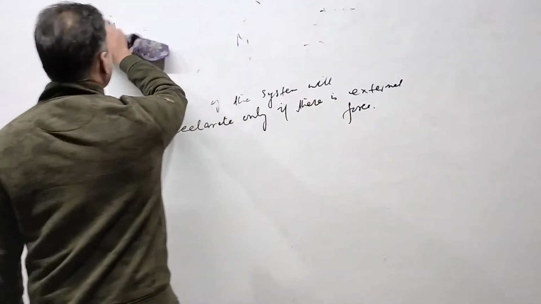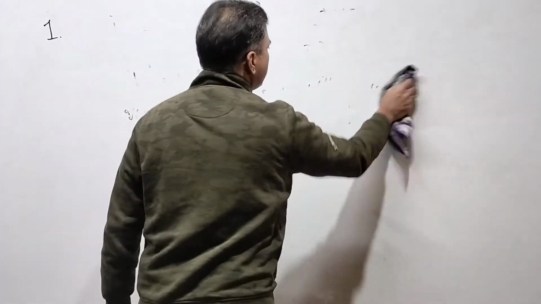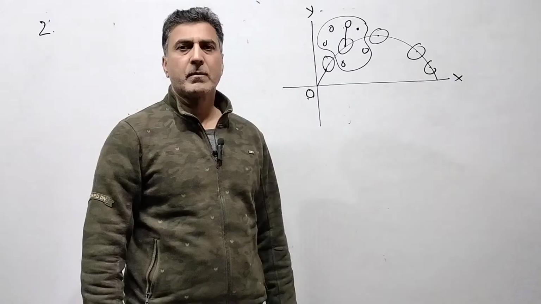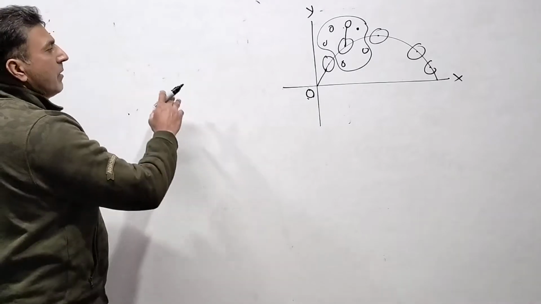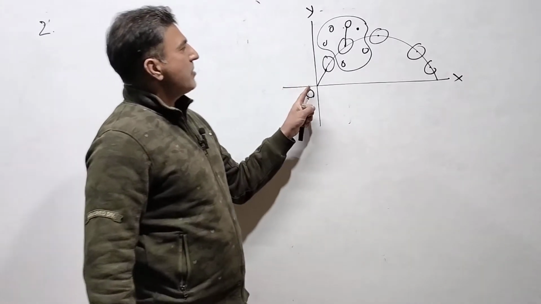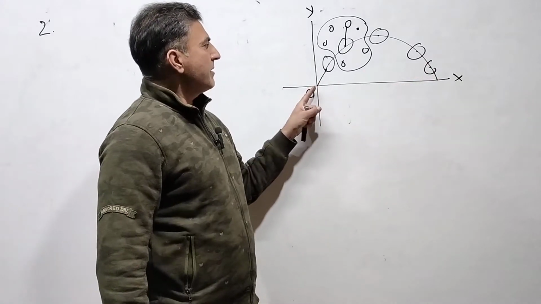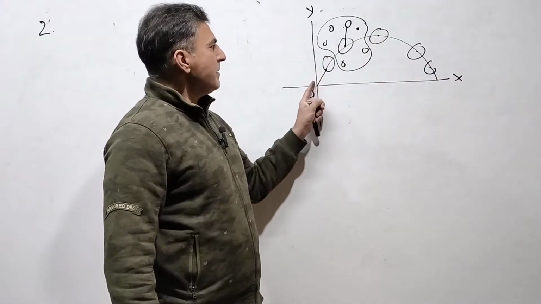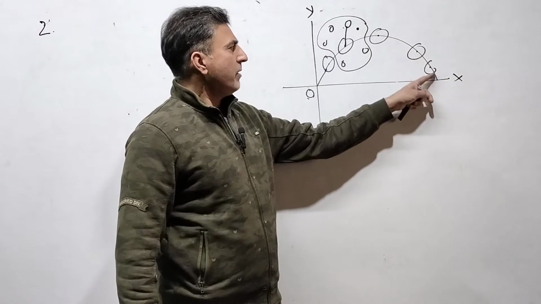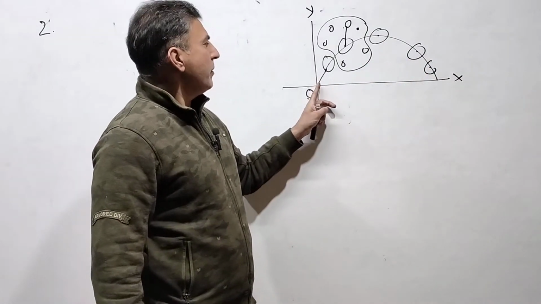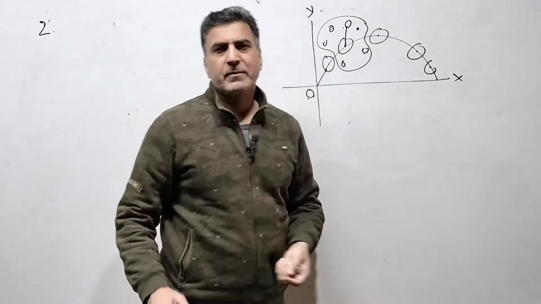Number two, let me design a problem. An object is launched in gravitation. It's a projectile motion, and we know that it follows a parabolic path.